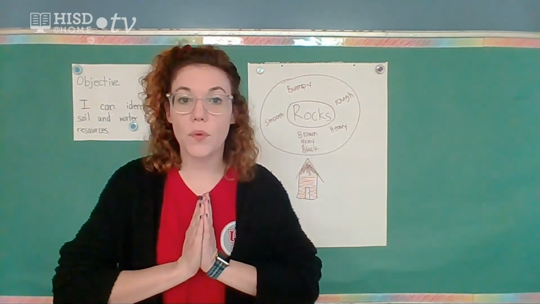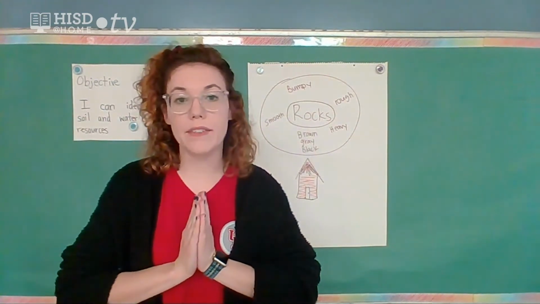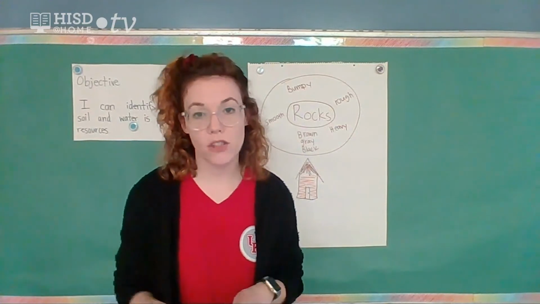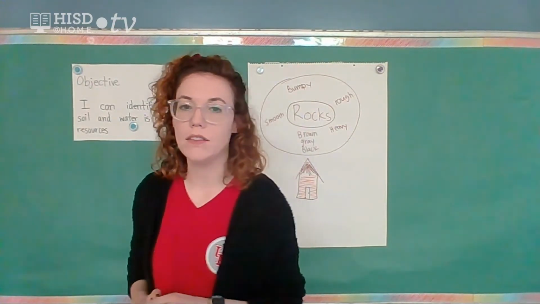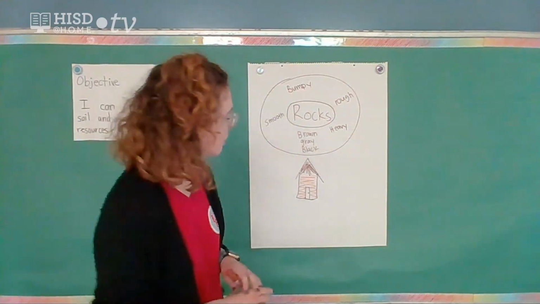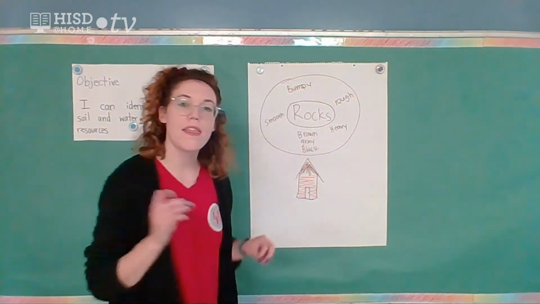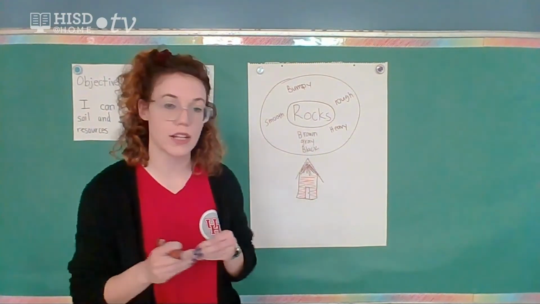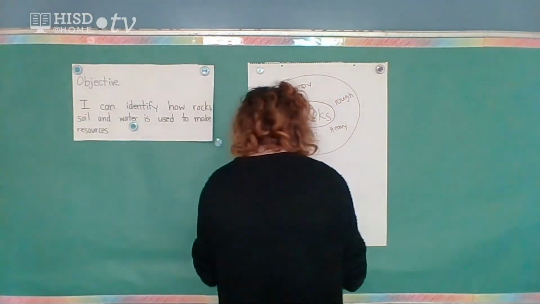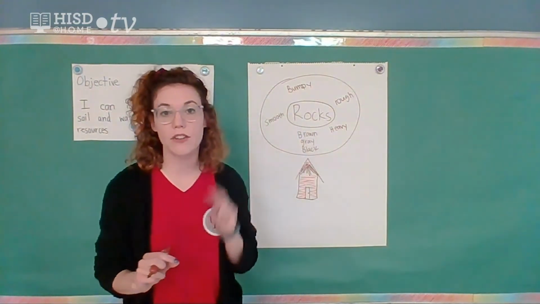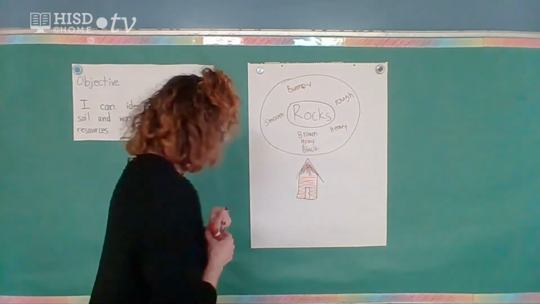All right, so together we're going to write a sentence, and I'm going to leave a blank for you to fill out what you think goes there. So we drew a picture of a building, and I'm going to say, my school building is made up of blank. And I want you to answer that sentence. I want you to write the whole sentence and fill the blank in with what you think goes there. Remember, boys and girls, when we're making sentences, we start with a capital letter and we end with a period.